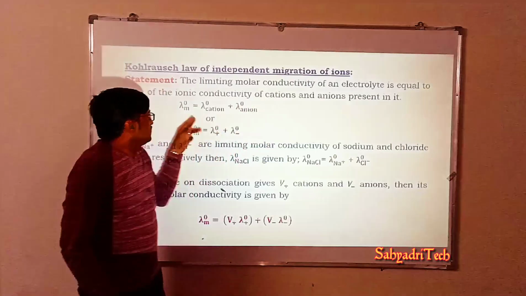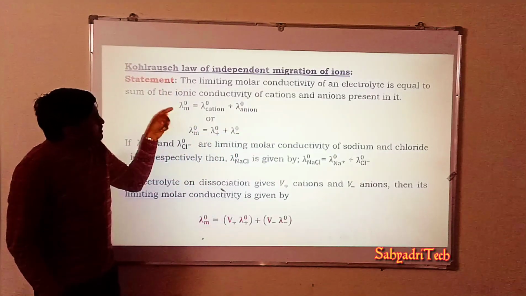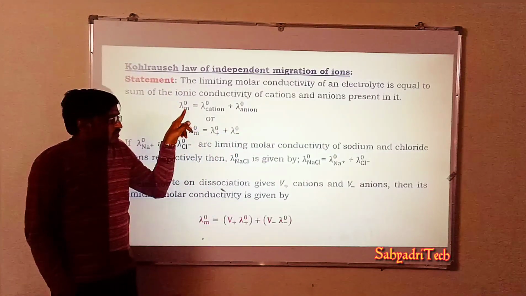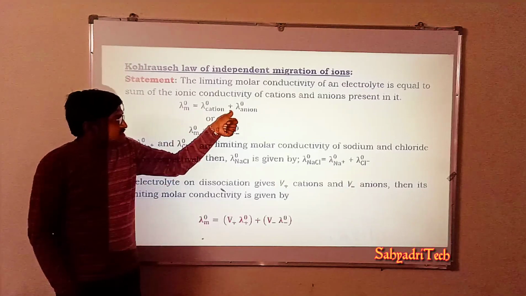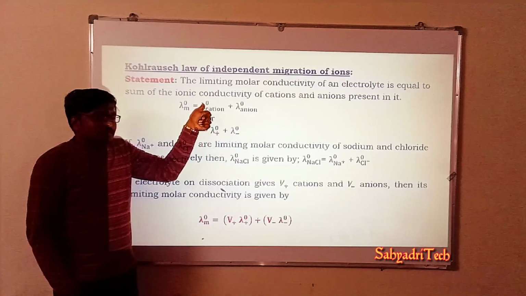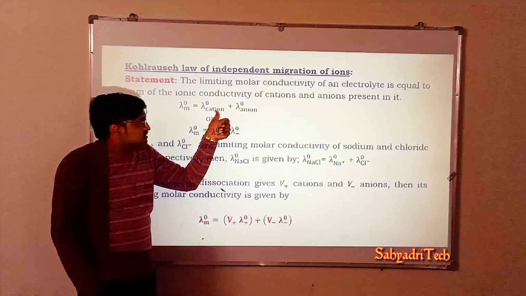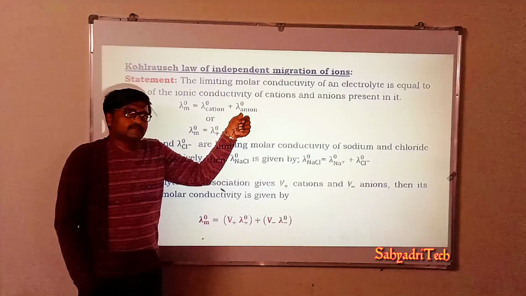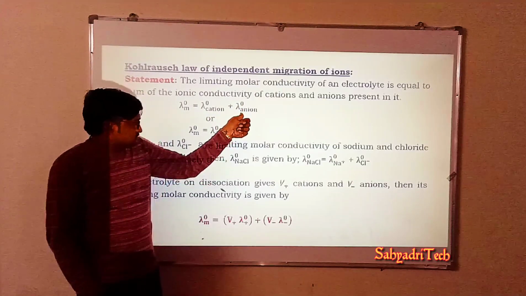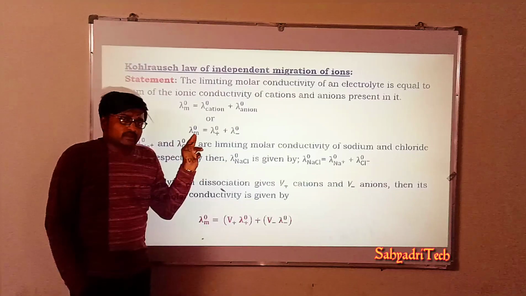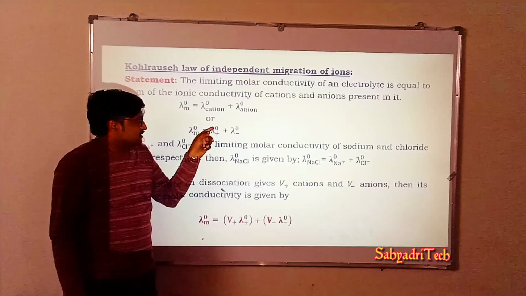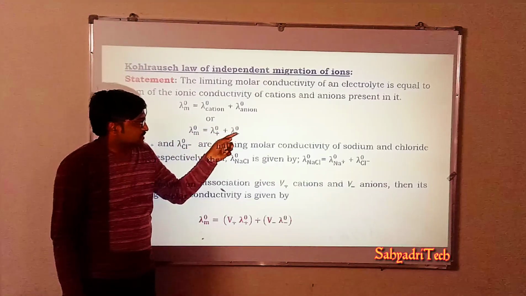Generally, the limiting molar conductivity lambda naught m is equal to the limiting molar conductivity of the cation plus the limiting molar conductivity of the anion, or lambda naught m is equal to lambda naught plus lambda naught minus.